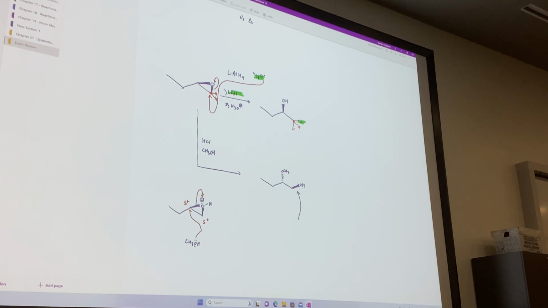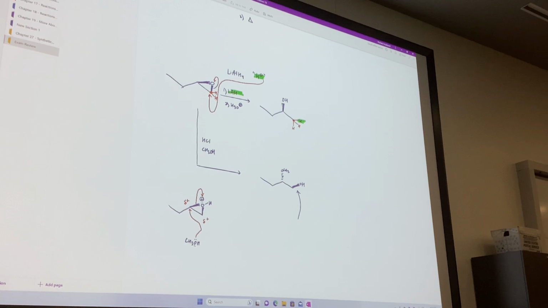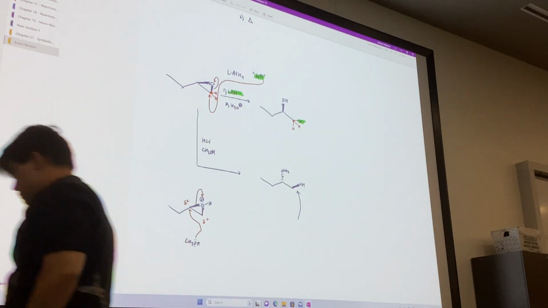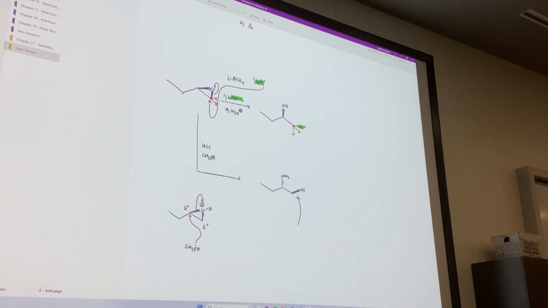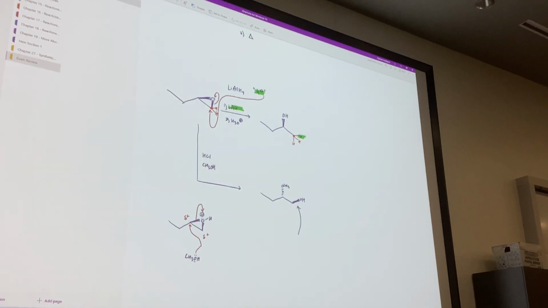HCl by itself can protonate an alcohol, and then the chloride can come in and attack. But if we have HCl in a solvent system like water or methanol, even though we have that chloride available in solution, there's so much more of the alcohol, whether it be water, methanol, or ethanol, that's going to act as our nucleophile first.